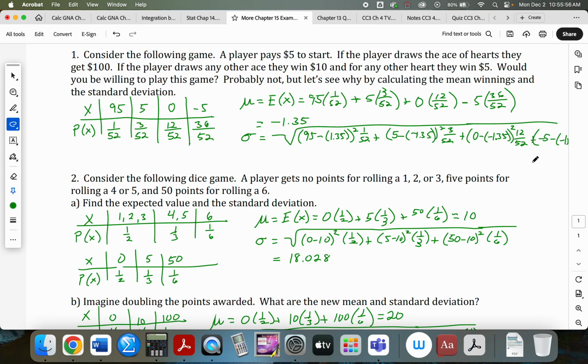I am totally out of room. Squared times 36 out of 52. And double check me on this, but I got 13.802.